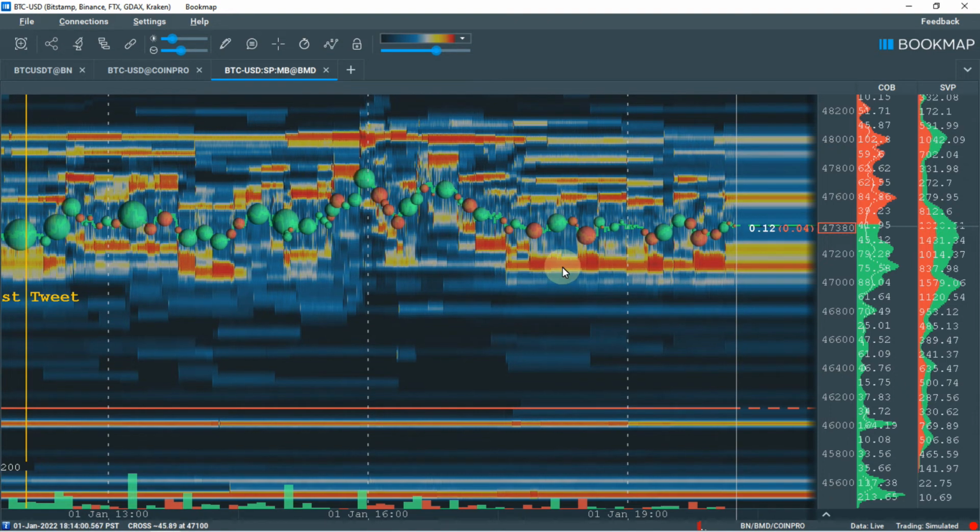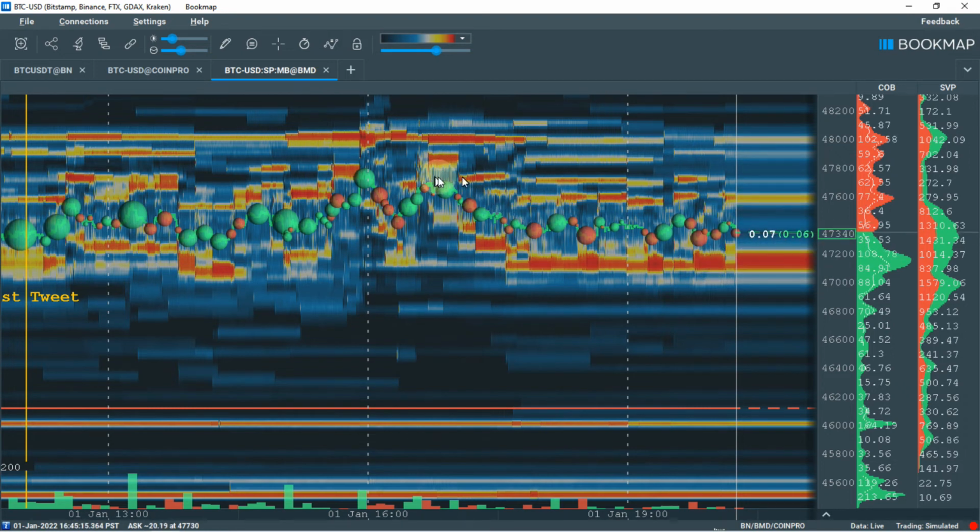But it doesn't look like they're going to disappear, because what you can see here is that they weren't here, but then they started getting bigger and bigger, by the color, brighter and brighter, and thicker and thicker. The thicker they are, that means there are multiple walls within there. If you zoom in, you can see it, but I'm not going to do that because it's going to mess up the video here.